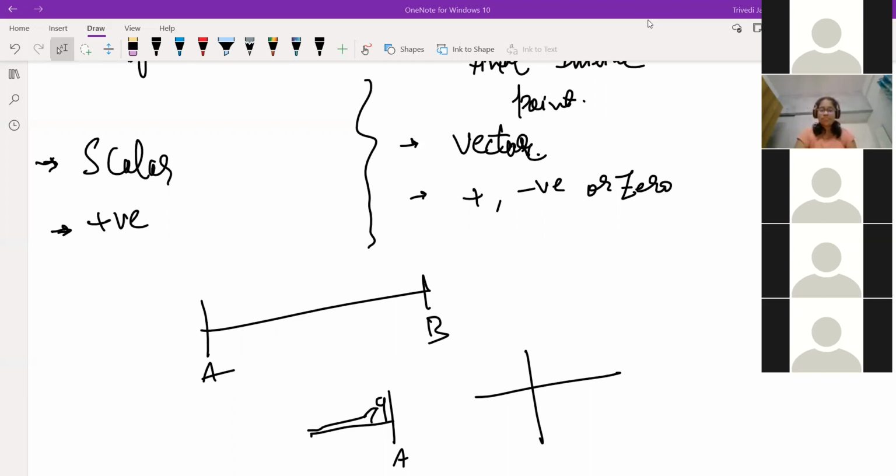Sir, I think that if I am turning towards left and I'm walking towards the right side, that means according to my turning, I am walking backwards. So that is when it is known as negative displacement. Okay. Sweet.